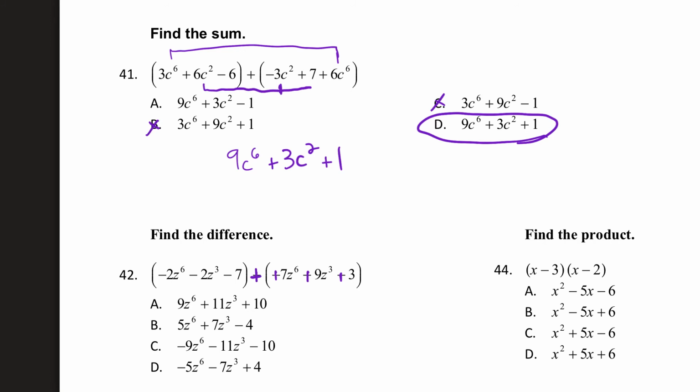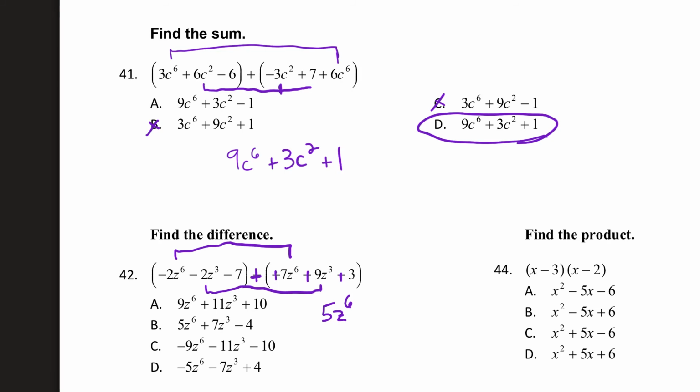And I'm going to combine my z to the 6th first. So negative 2 plus 7 is 5. And it's positive because the whole thing is positive. Now, I actually could find the answer right now because there's only one with a positive 5z to the 6th. But let's keep going. Let's pretend it's not that easy of an answer. So negative 2z to the 3rd will combine with 9z to the 3rd.